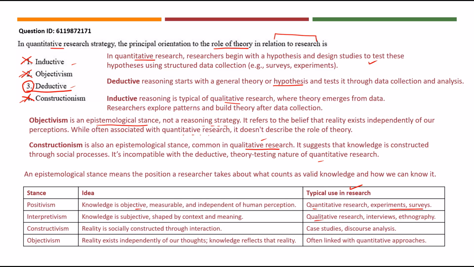Next we have constructivism. Reality is socially constructed through interaction. This is what they have given as social processes here. Case studies and discourse analysis. A statement individually can mean a different meaning. When it is applied in some particular context, it will give a different meaning. So when you are interacting, you might get different meanings of a particular statement.